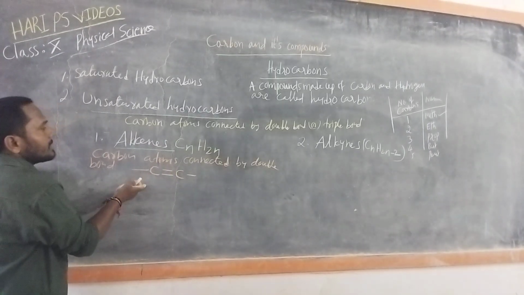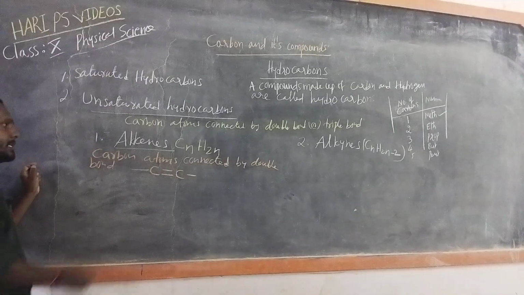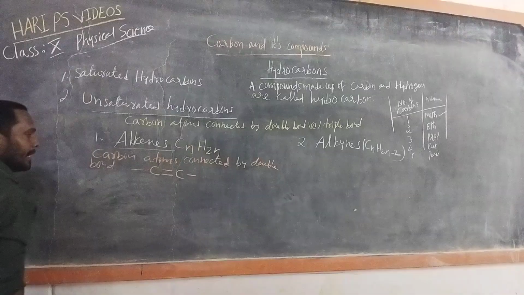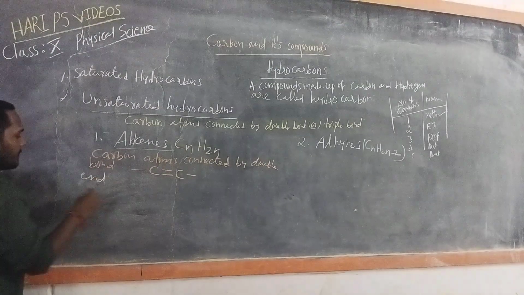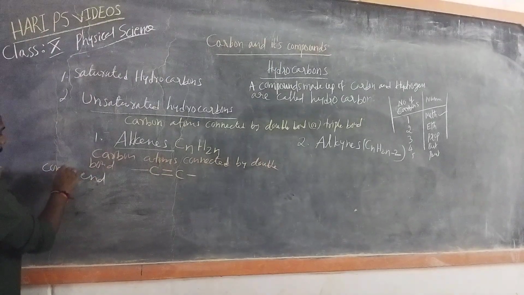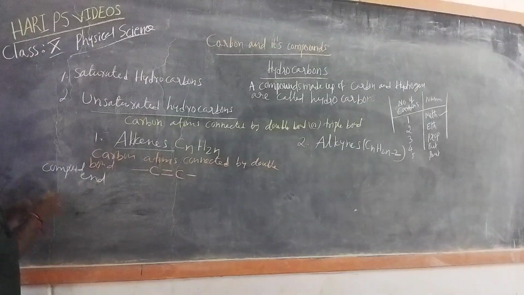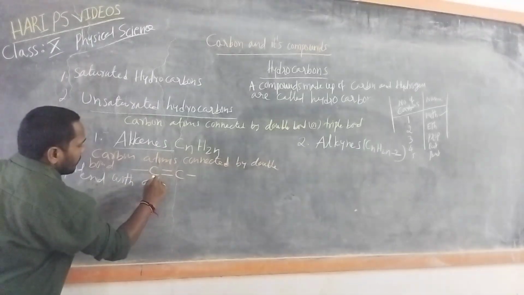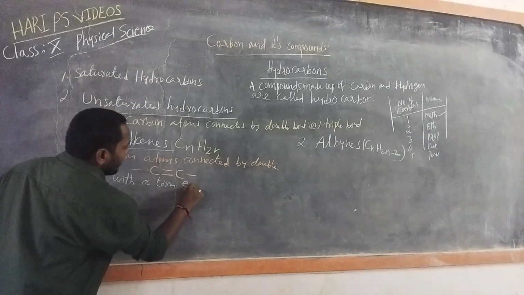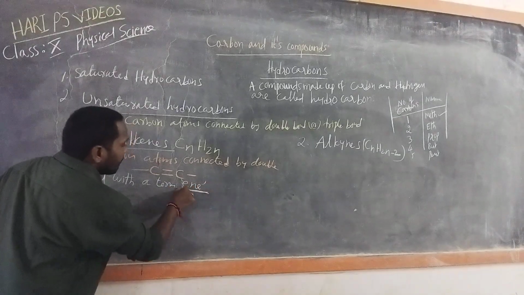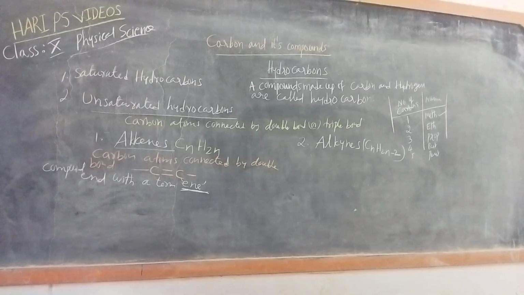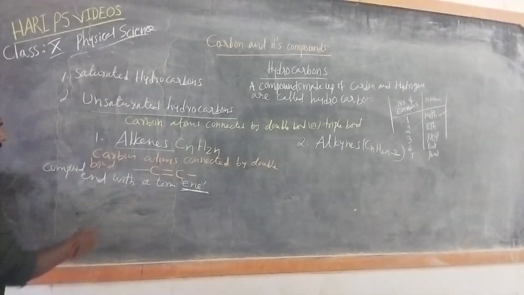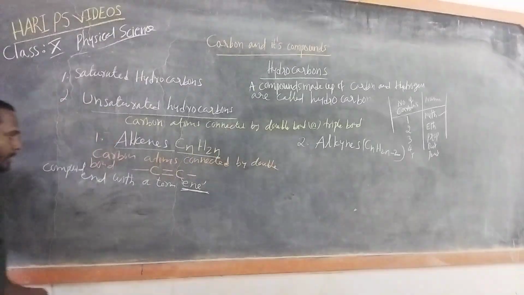Such hydrocarbons are called alkenes. This unsaturated hydrocarbon ends with the term ene. Alkene, general formula CnH2n.